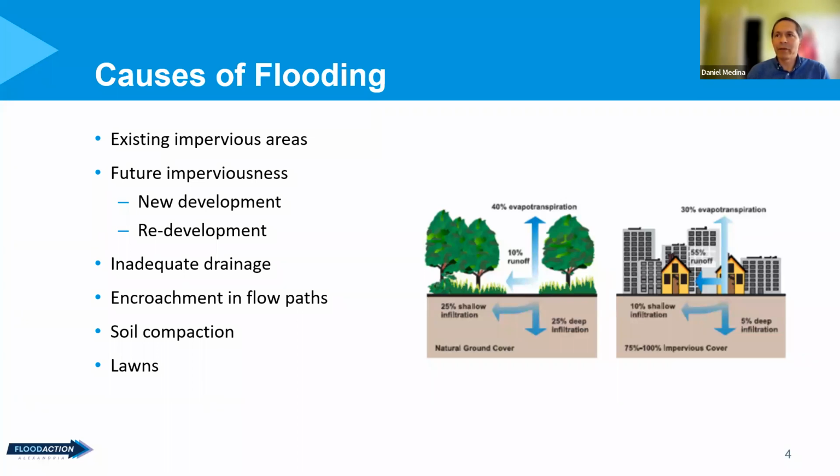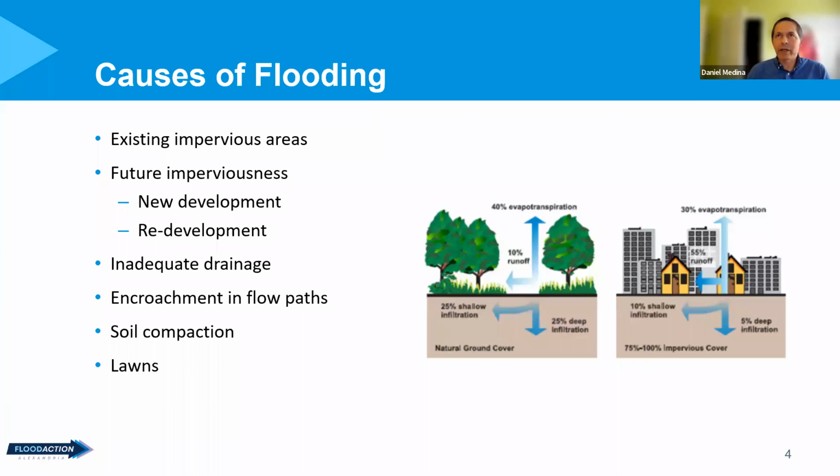And a lot of it goes into the ground, like 25% or so. And only 10% becomes runoff, meaning only 10% becomes potentially flooding. But when we pave over and create a city or a suburb, then the numbers reverse and we get 30% evaporation, but we get about 55% of runoff. And that's what becomes flooding.